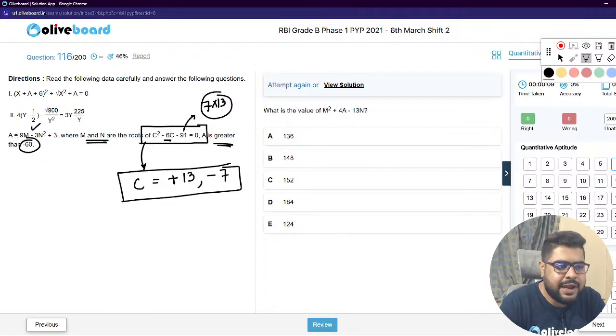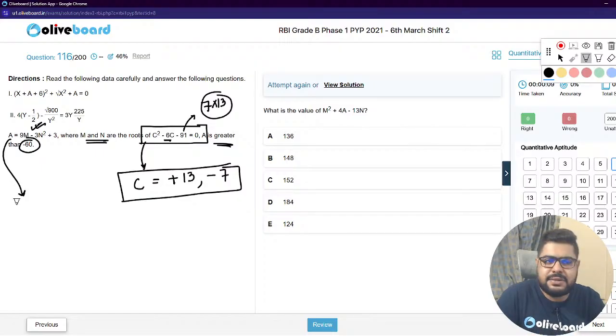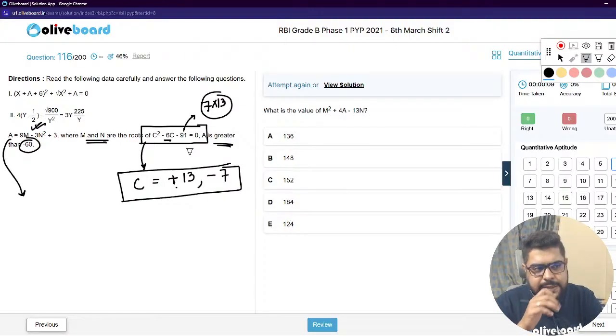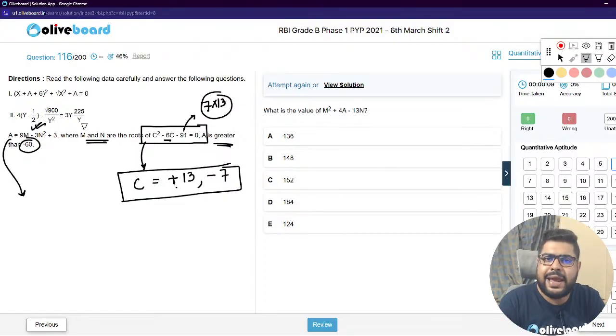Meaning this particular value must be greater than -60. So sir, let's do one thing: if I take this as M, this as N, we'll get something, and vice versa. You see, N square means, sir, plus; you take plus 13 or -7, it will become plus only. So if I put N as the bigger value, the whole thing might get into a bigger minus.